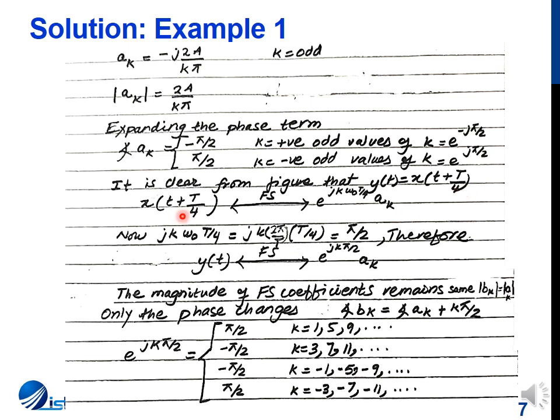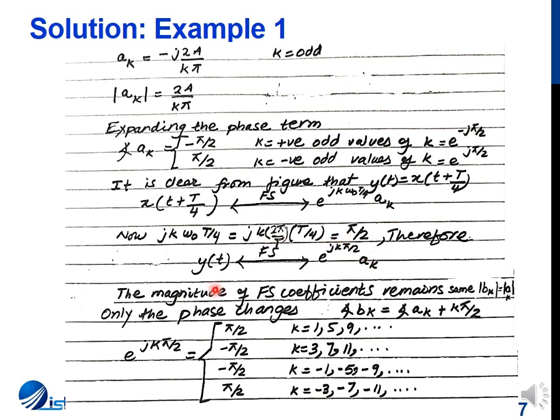Applying the time shifting property, for x of t plus T by 4, the Fourier series will be e^(jk omega naught T/4), which is the shift, multiplied by a_k. Now if we open the power of the exponential, jk omega naught T by 4 becomes equal to k pi by 2.